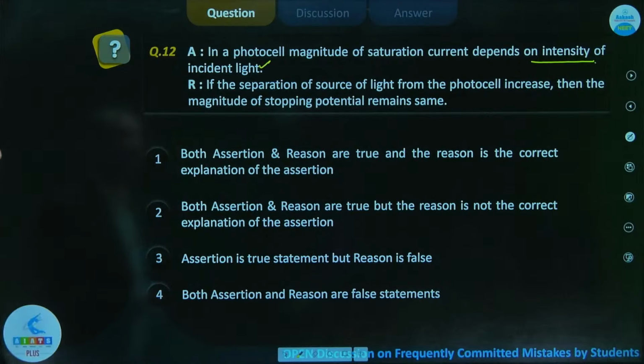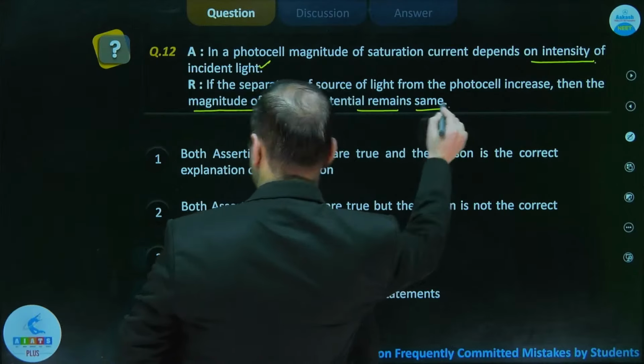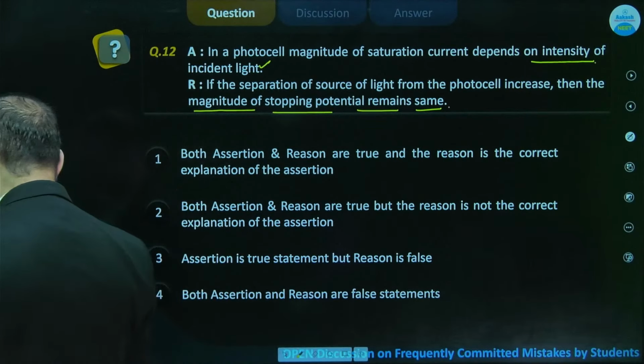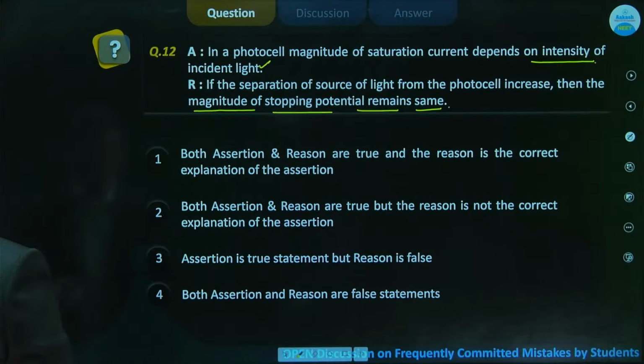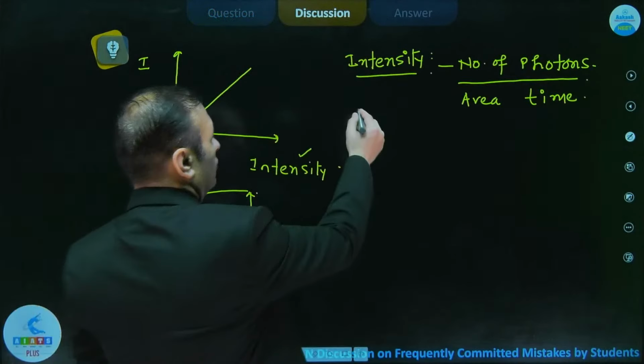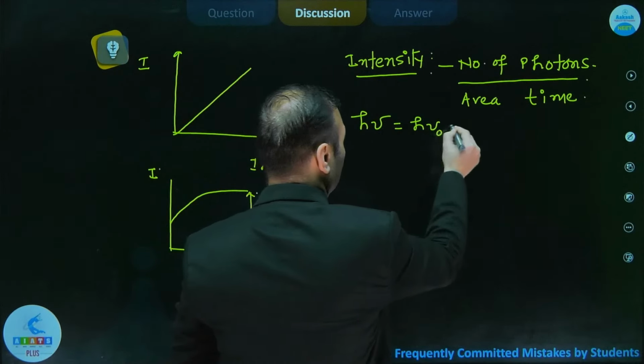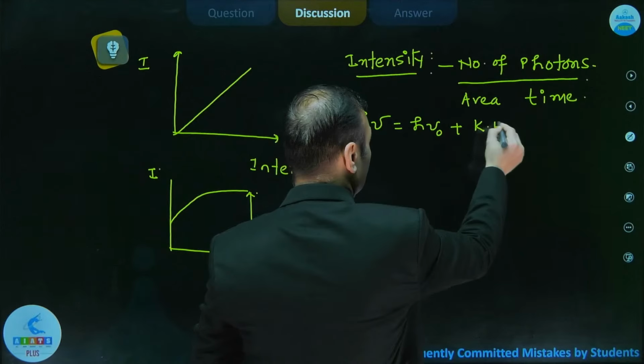Second, if the separation of the source of light from the photocell increases, then the magnitude of stopping potential remains same. What do you mean by stopping potential? We know h nu is equal to h nu naught plus kinetic energy.